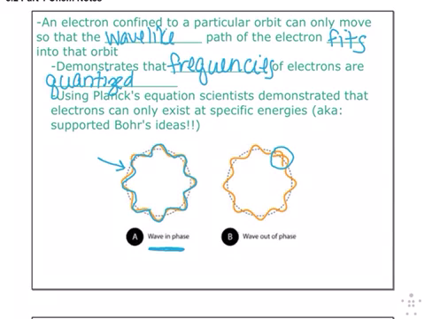If that amount varies at all, we'll get the electron to be out of phase. Using Planck's equation, scientists demonstrated that electrons can only exist at specific energies. This was great because that supported Bohr's idea of different energy levels, of the different orbits.